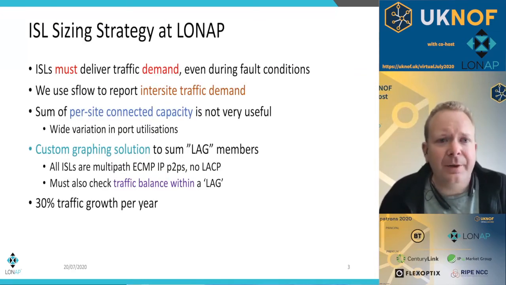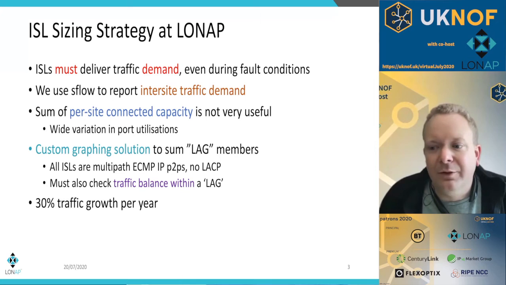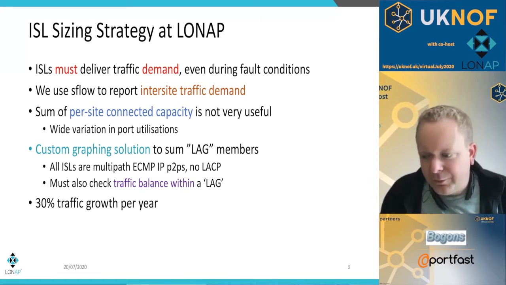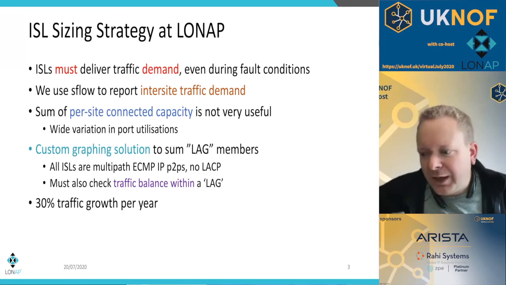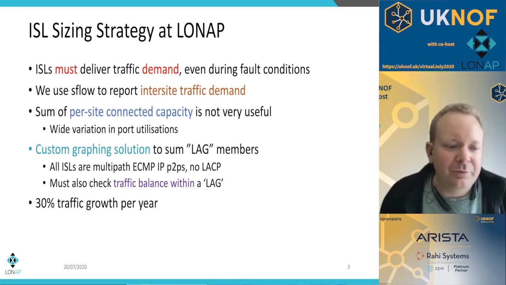So our strategy at LONAP, we absolutely must deliver traffic demand, even during fault conditions. It's not okay for us to drop packets, so we don't. We use S-Flow to report on the intersite demand. We started by looking at whether we add up the sum of all the connected capacity in a site, but our ports are good value, so the usage is quite variable.